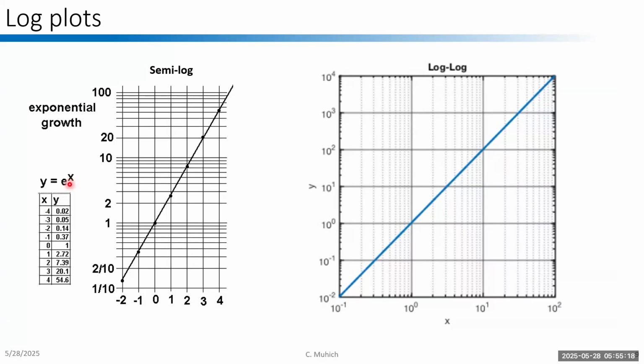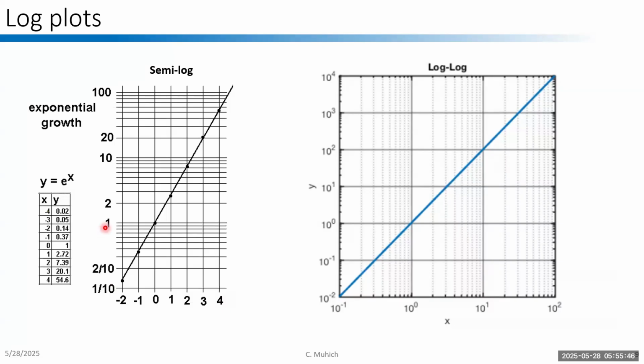And this is very difficult to draw. So what we do is we will display this information on a semi-log plot. So down at the bottom, our independent variable is on our linear scale, but our dependent variable, y, is drawn on a log plot.